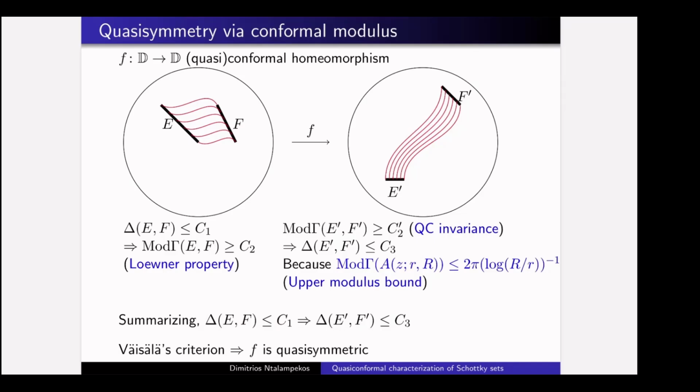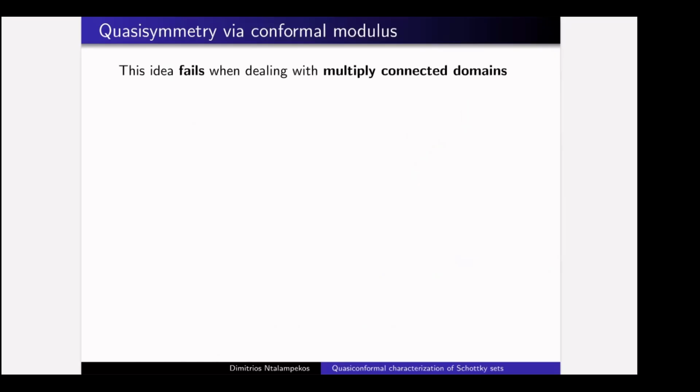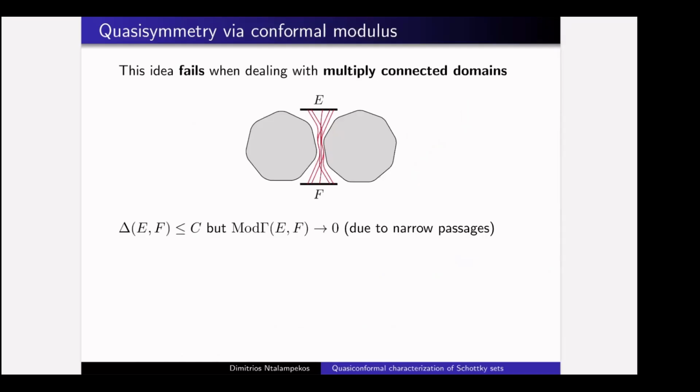How can we apply the same argument now in a multiply connected domain? Because this is what we have. Well, the idea simply fails when we have a multiply connected domain. Let's see why. Here our domain is the unbounded domain. We can have 2 continua E and F that are big and close to each other, but we might have a very narrow passage between the boundary components of the domain.